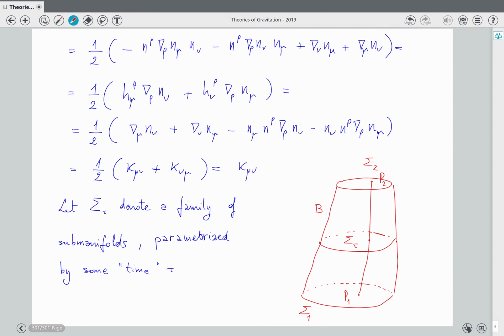And we will describe M as the union in tau of sigma tau.